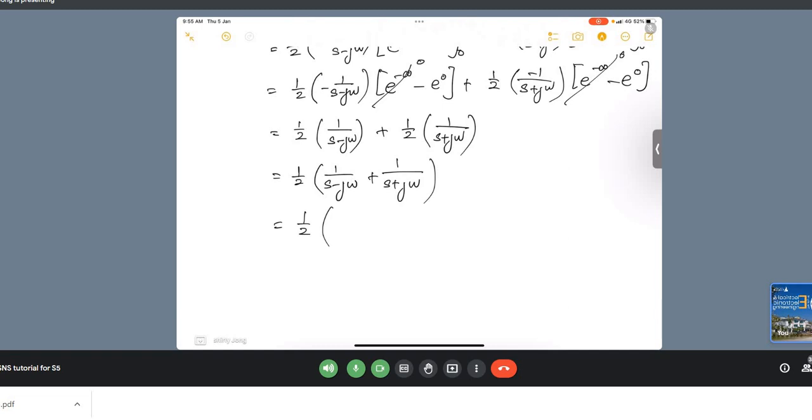So you want to sum the denominator. So you have s plus j omega over s minus j omega, s plus j omega. And then s minus j omega, you have s plus j omega, s minus j omega.